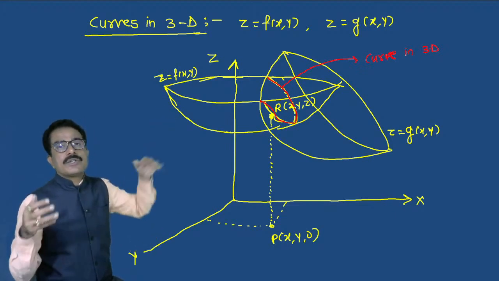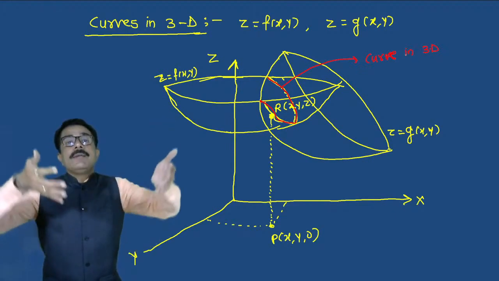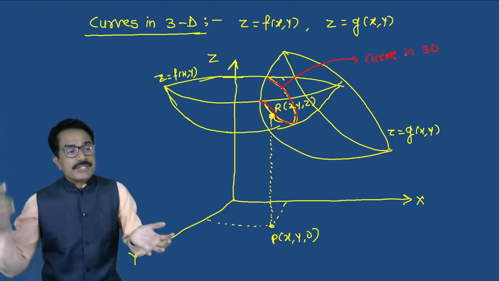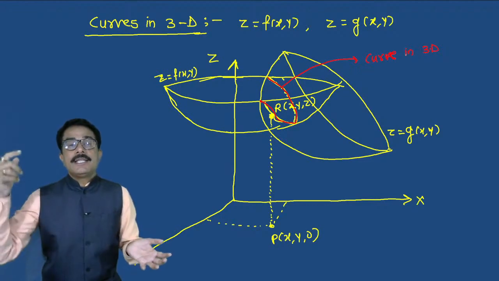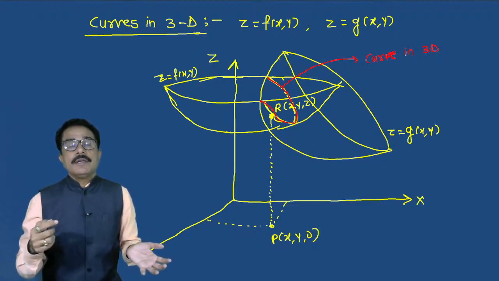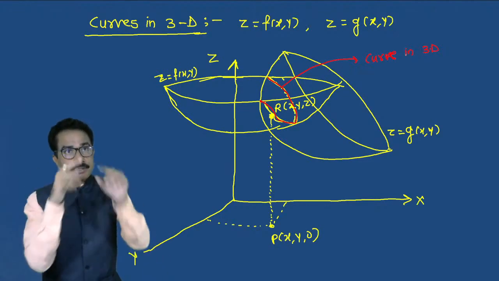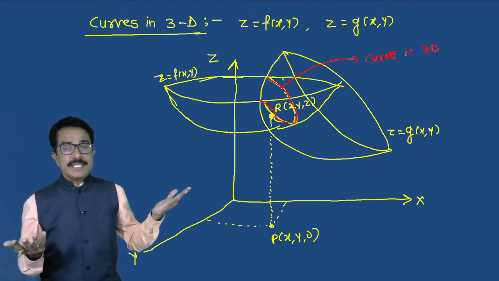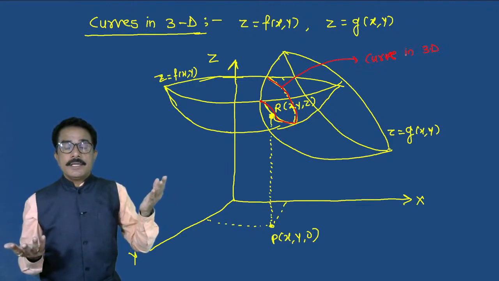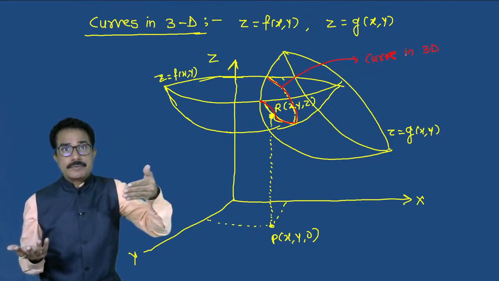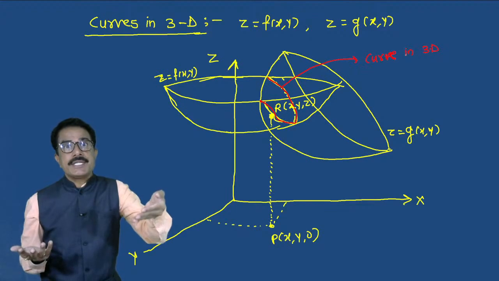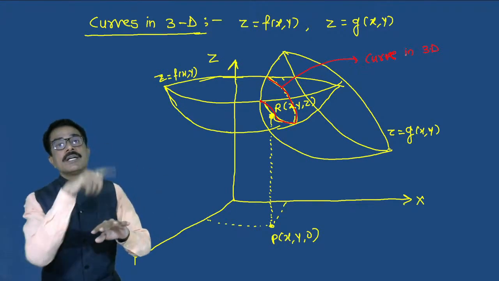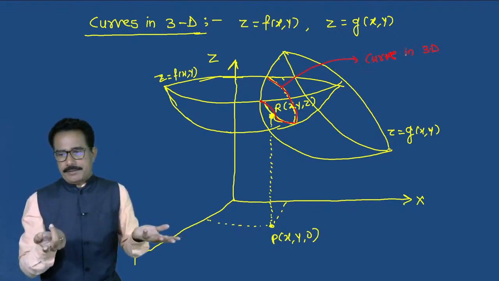If we consider a single function z is equal to f of x comma y, then it will be a surface. If we differentiate partially with respect to x, then there exists a tangent to the curve at a particular point. We have already seen this in the second lecture: the relation between the partial derivative and the tangent to the curve of the surface.